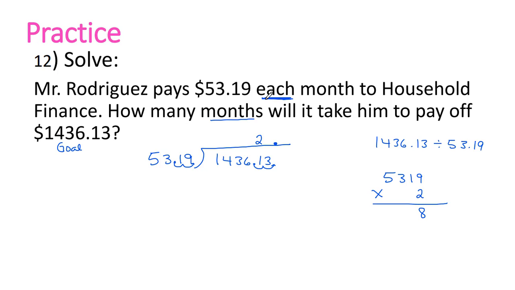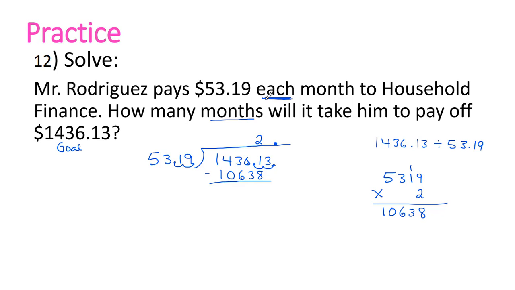Let's solve now. 18, 3, 6, and 10. So 5,319 times 2 is 10,638. And you can always erase your decimals to make it look nicer, more clear for yourself. We're going to subtract now.